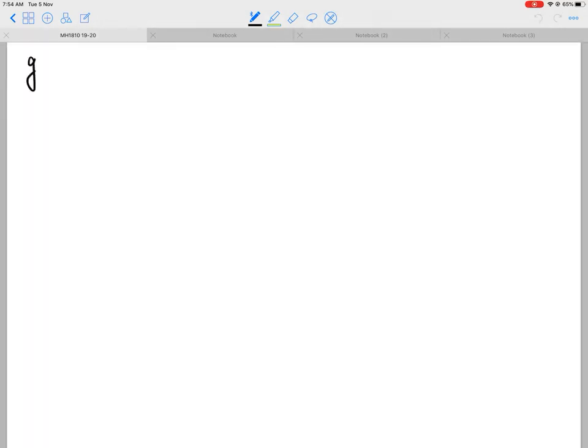Part G. x squared plus 4x plus 13. So again, this is irreducible, right?